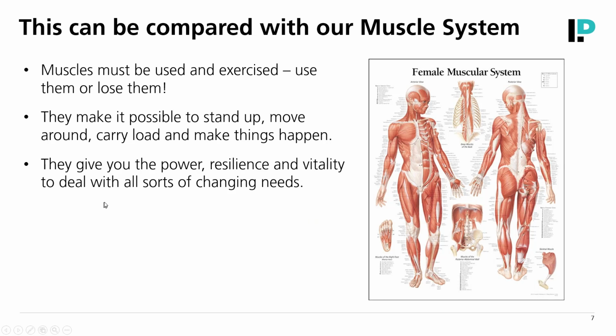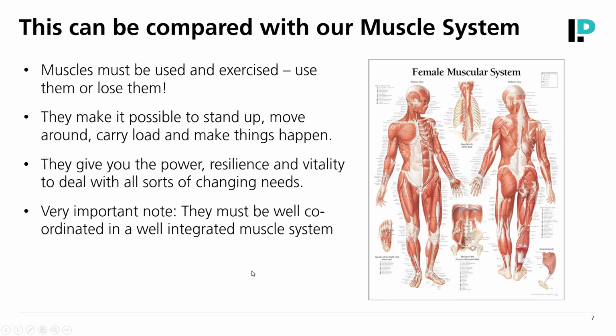They give you the power, but also the resilience and vitality to deal with all sorts of changing needs. The stronger and healthier you are, the more resilient and resistant you are to whatever changes, health issues and so on. So the better you take care of the system, the more capable the system is.